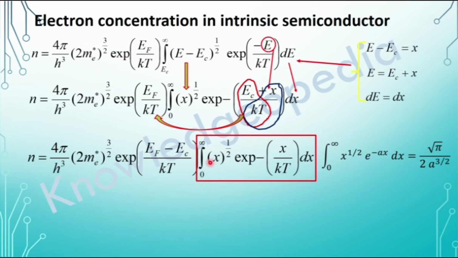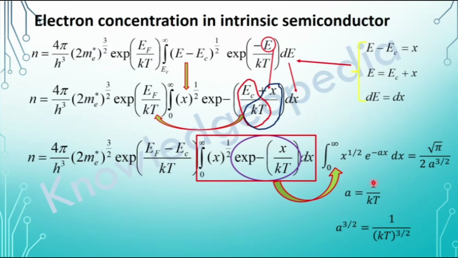If you compare this x to the power half, here also x to the power half, this exponential minus x by kT, if you compare with this e to the power minus ax, what will be the value of a? a will be equal to 1 by kT, because here you can see x is there and a is 1 by kT. And to obtain the value of this integration, we need the term a to the power 3 by 2. So a to the power 3 by 2 is equal to 1 by kT to the power 3 by 2.